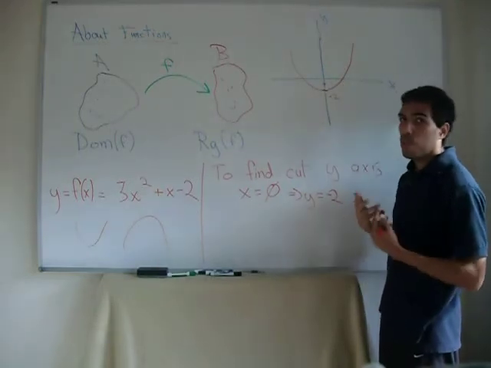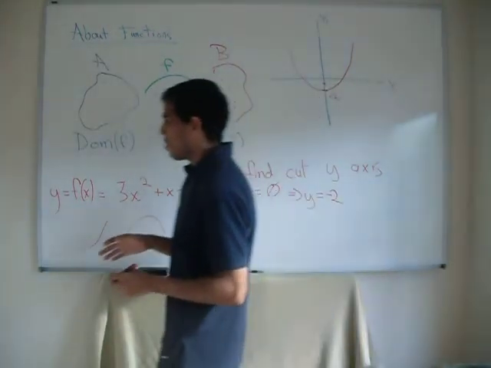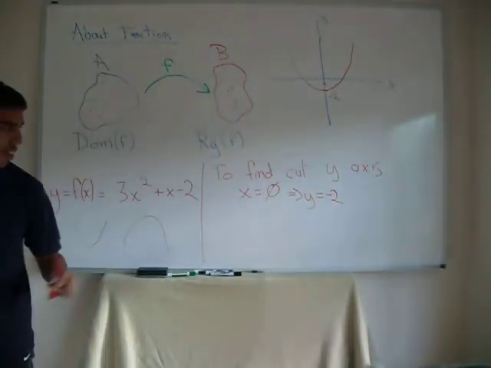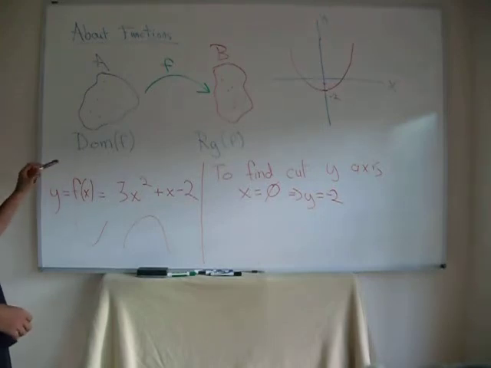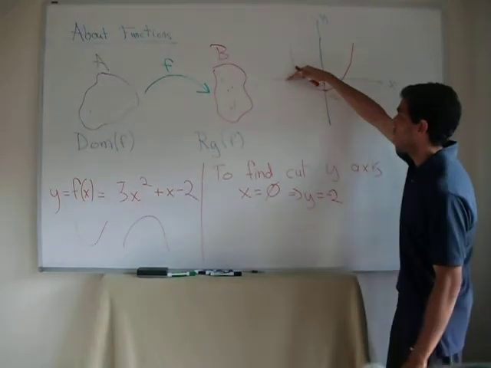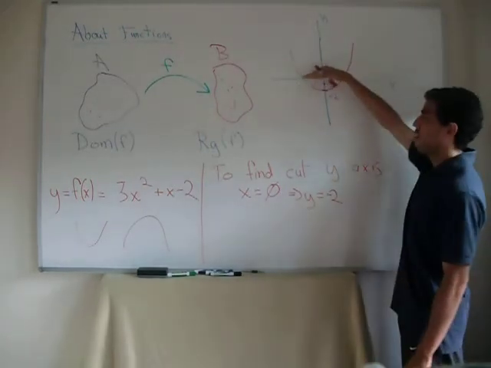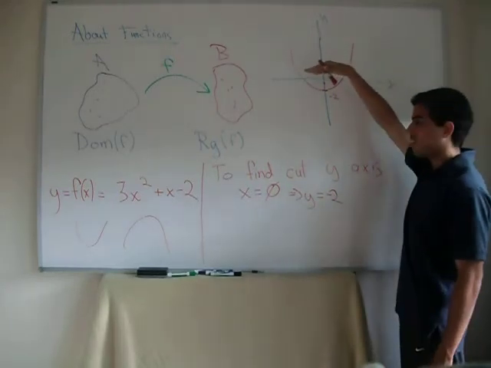Well, to do that, I need to know where the function is cutting the x-axis, and that means that y equals 0. Or in other words, this value right here, this value of height, is exactly 0. It's just as simple as that.